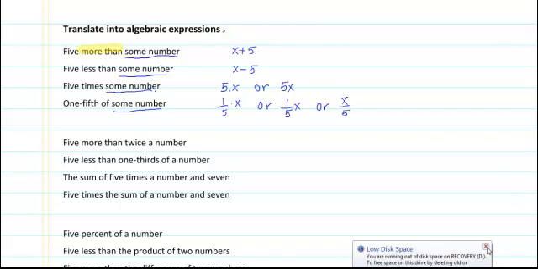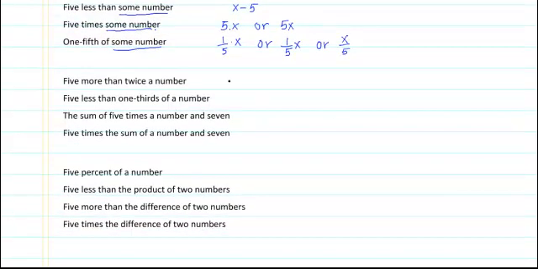In our second set of problems, we have here 5 more than twice a number. So let's start by highlighting what is the variable expression. This time it is not just a number, it is twice a number. So if the number is x, then twice the number will be 2x, and we need 5 more than that, so plus 5.